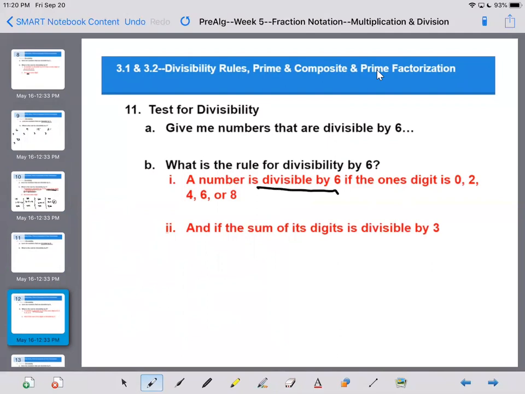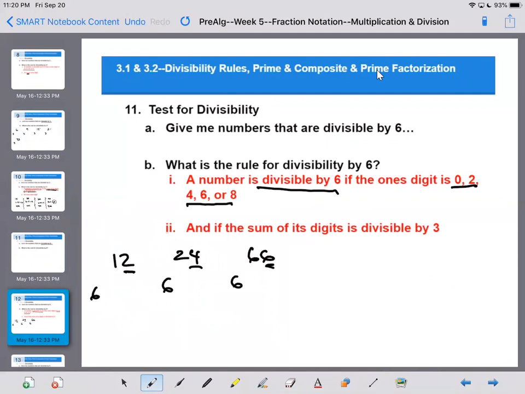And if we see 0, 2, 4, 6, or 8, we know that it's going to be divisible by 6. For instance, 12 has a 2 in the ones digit. We know that 6 will divide 12. We know 6 will divide 24. 66, we know 6 will divide 66.